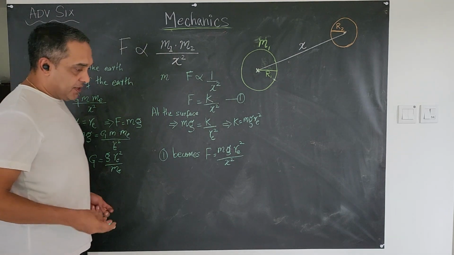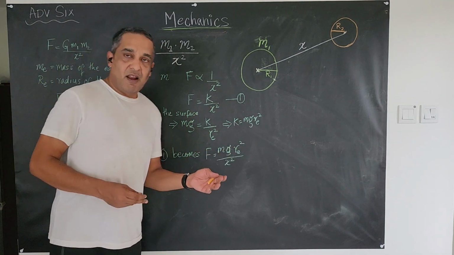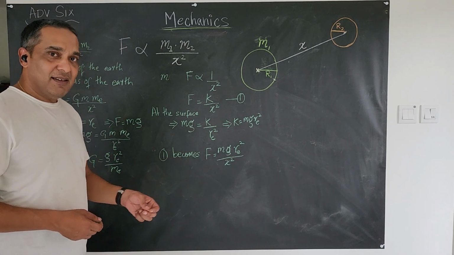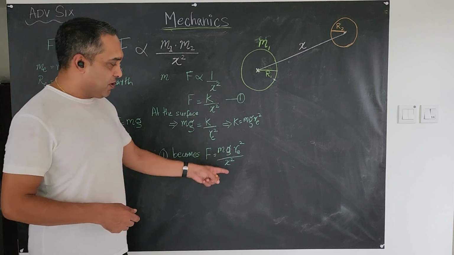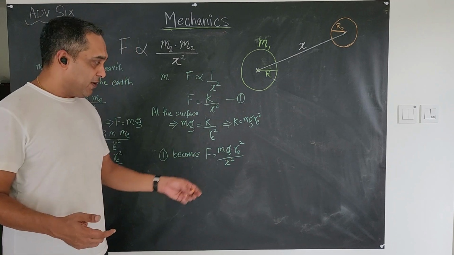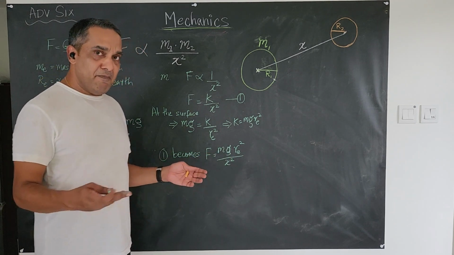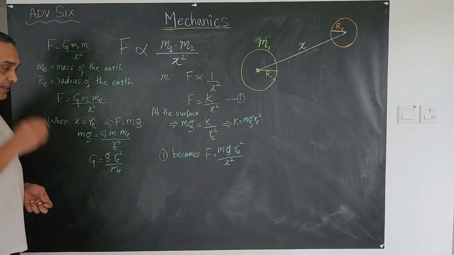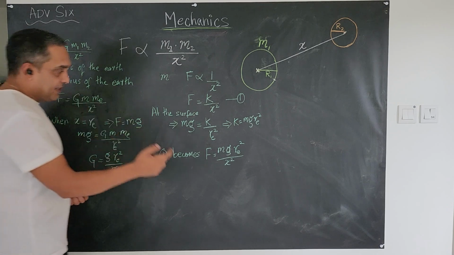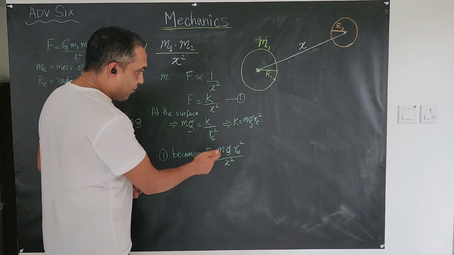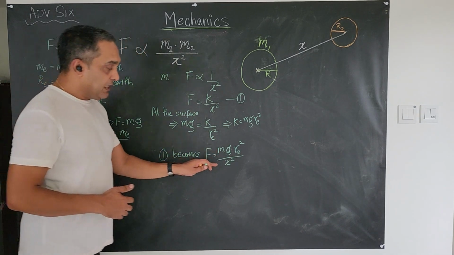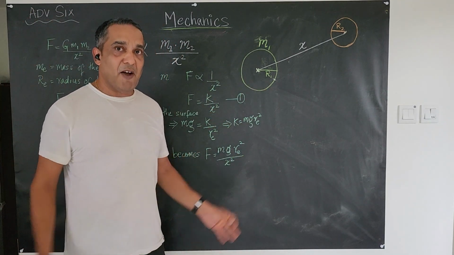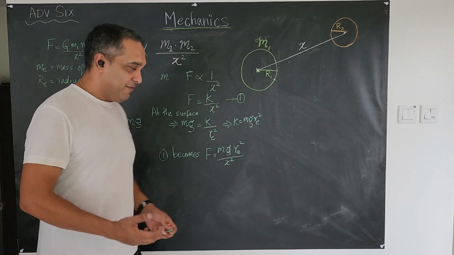So when R is, say, 2,500 kilometers, adding a kilometer or 2 or 10 to 2,500 and then working the square out doesn't make much of a difference. And pretty much because RE is mean radius, so there are places where the radius is even higher than that. So the ratio doesn't significantly change. And for practical purposes, you would get forces equal to mg within the proximity of the Earth's surface.